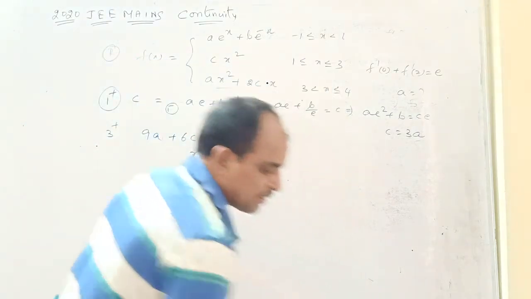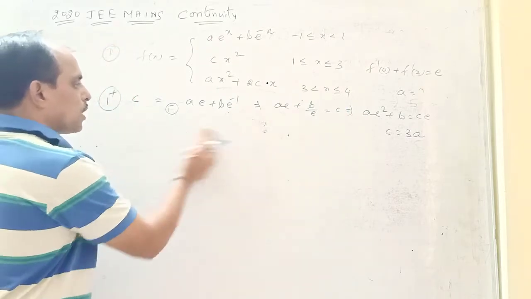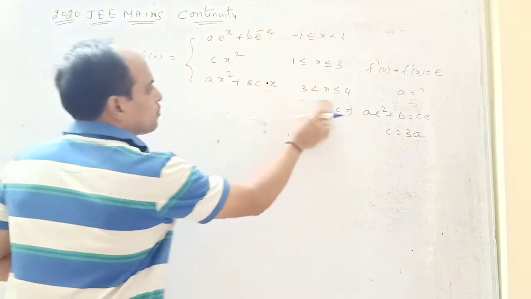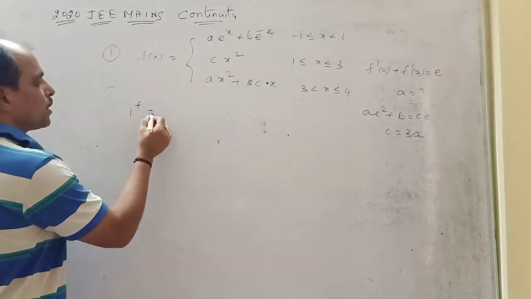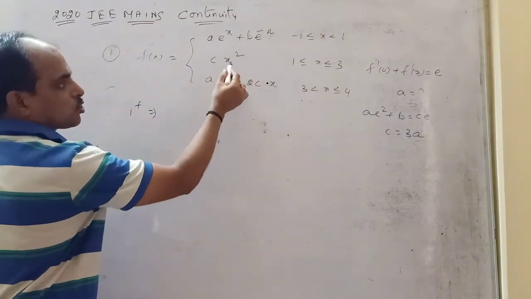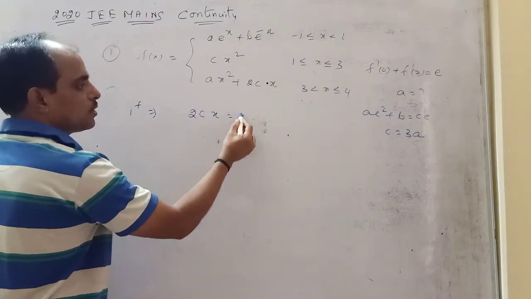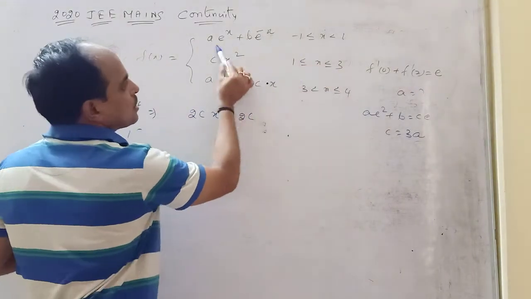Now I am going to check differentiability. Is it clear? Now 1 plus, so we have two conditions. What about the 1 plus function? Cx square, this is the function. So what about its derivative? 2cx, but x is equal to 1, so we have 2c. 1 minus means this is the function.